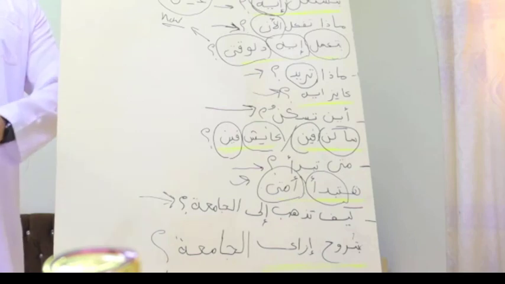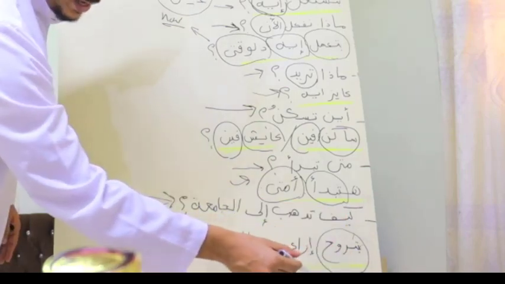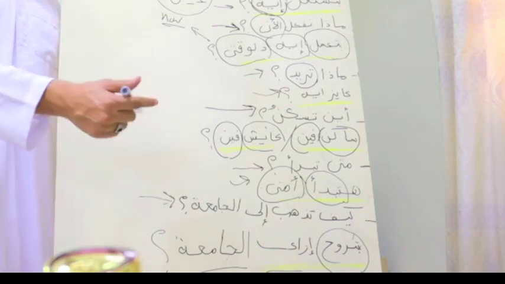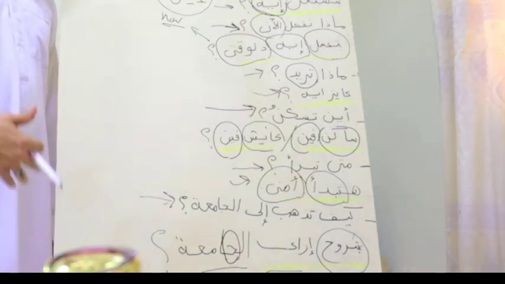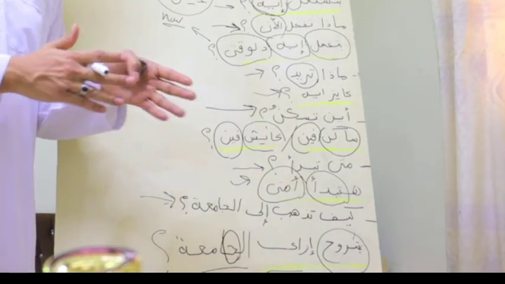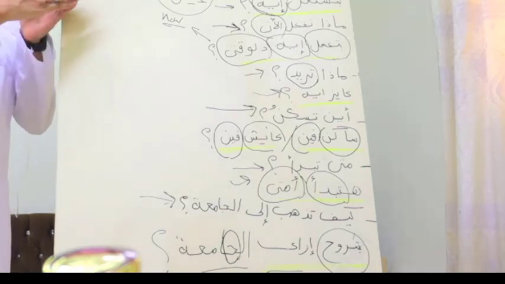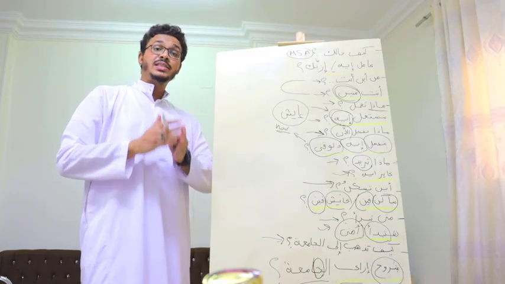In Standard Arabic. بتروح إزاي الجامعة. So this is what I want to tell you guys. We say in Egyptian Arabic, especially people living in Cairo, Alexandria, north of Egypt, they change ج to g. كيف تذهب إلى الجامعة؟ بتروح إزاي؟ إزاي means how. بتروح إزاي الجامعة.